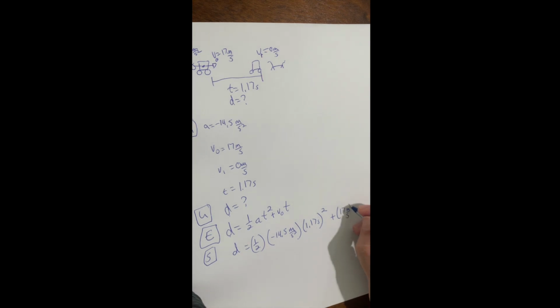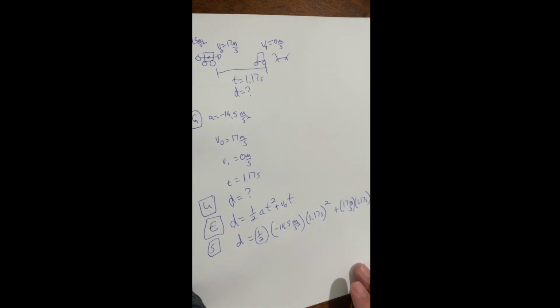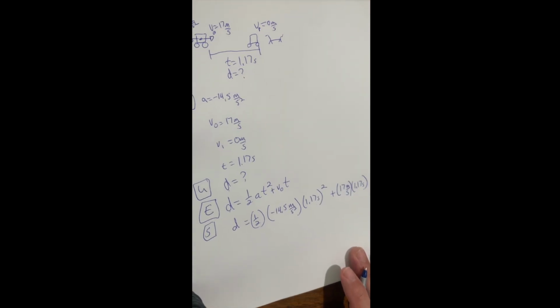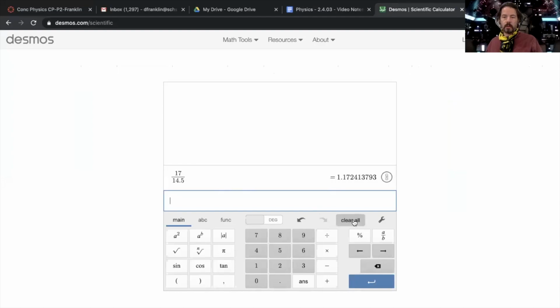and times 1.17 seconds. All right, so now it's calculator time. Let's go to Desmos. Clear all, and let's plug in some parentheses here.